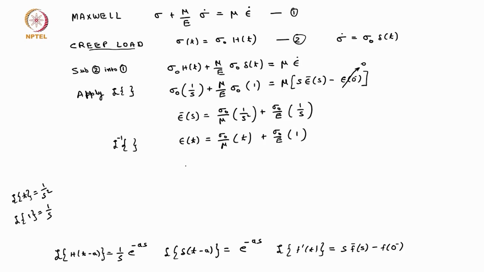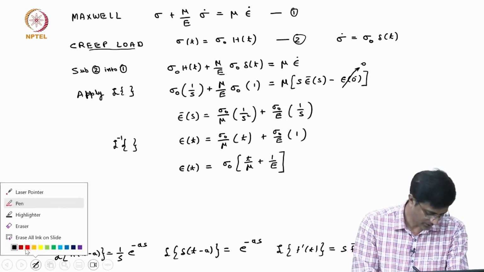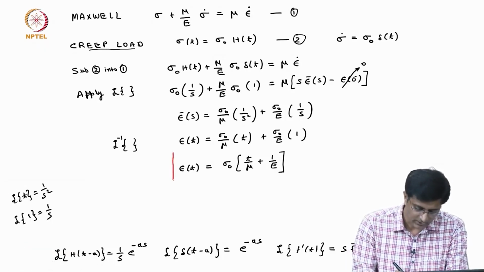So, the way we will write it is epsilon of t equals, we will pull the common sigma naught and then write the other terms in the equation. So, this should give us t by mu plus 1 by E. So, let us highlight this.